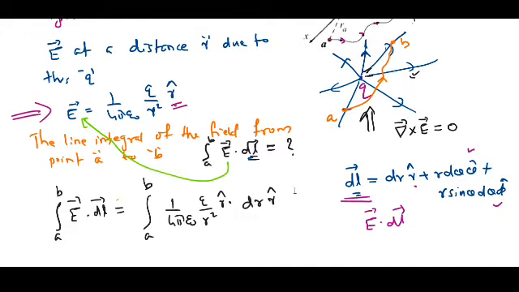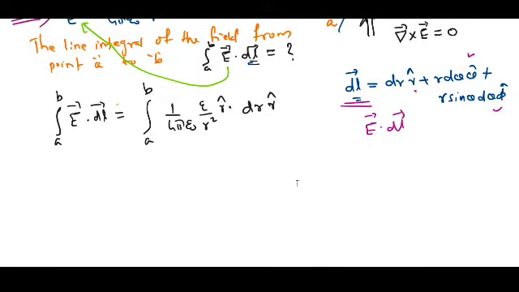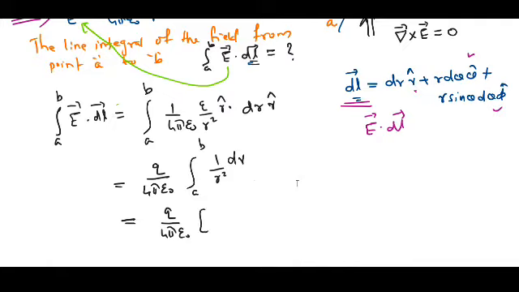Since the electric field does not contain any theta or phi components, there is no need to write the theta or phi components of dl also. Here you can take q by 4 pi epsilon 0 outside, and the integral from a to b of 1 by r square dr. This is equal to q by 4 pi epsilon 0 times the integration of 1 by r square dr, which is minus 1 by r.